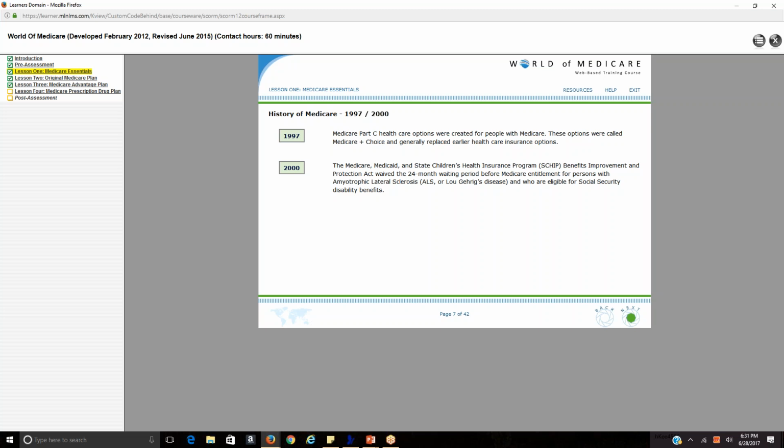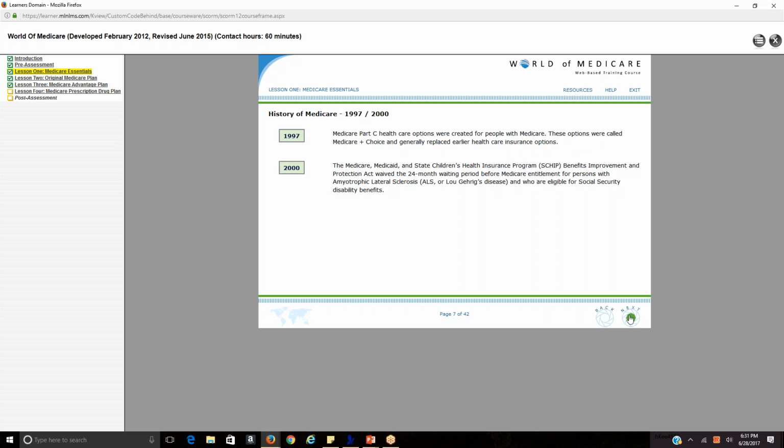So basically, when Medicare expanded to allow people who are on Social Security disability to receive Medicare benefits, they did so, but they had a 2-year waiting period. So you could get on SSDI or Social Security disability benefits, but you still to this day cannot receive Medicare or be eligible for Medicare until you've been on Social Security for at least 24 months, or if you've been diagnosed with ALS.